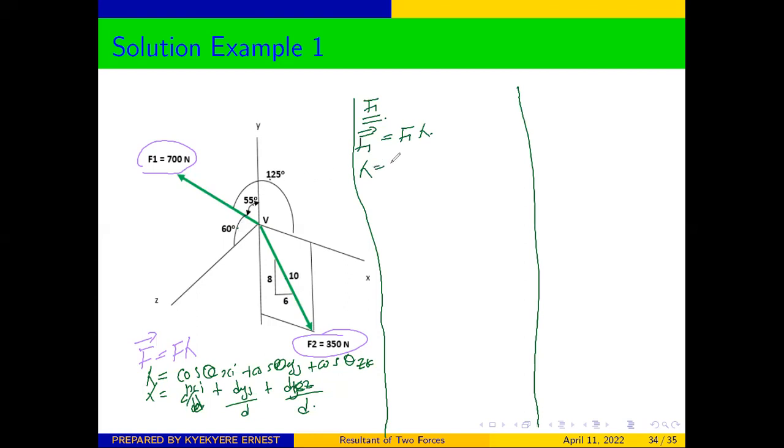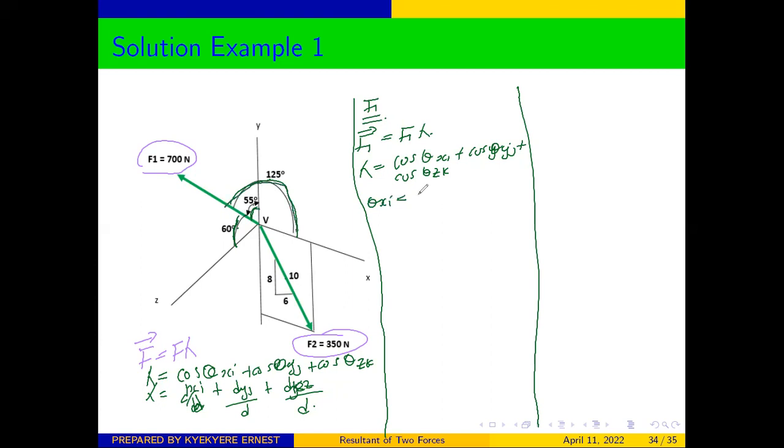Our lambda will be equal to cos theta x i plus cos theta y j plus cos theta z k. Here, theta x is the angle the force makes with the x-axis, theta y is the angle the force makes with the y-axis, and theta z is the angle the force makes with the z-axis.